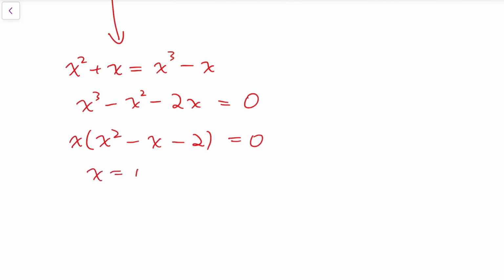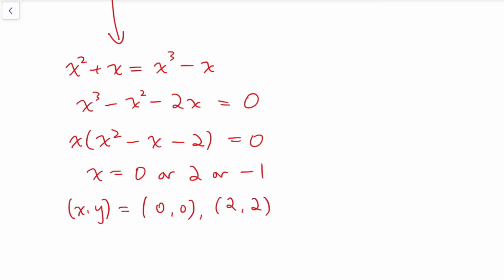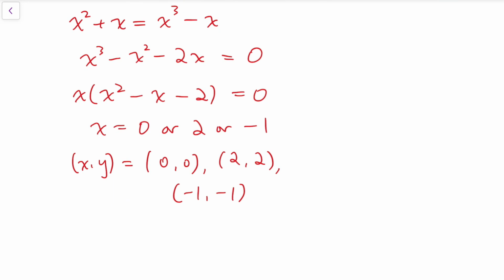So x either equals 0, or 2, or minus 1. And that means we have three solutions here. Either x and y are both 0, both 2, or both minus 1. Then we can move on to the other case.